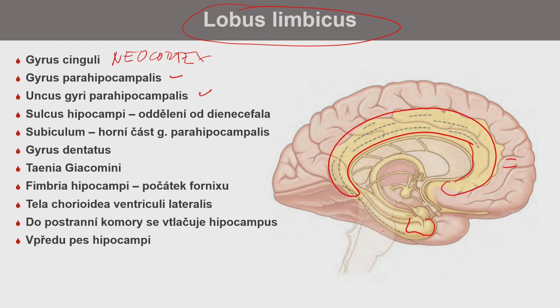And then also subiculum and entorhinal region, and also dentate gyrus and some remnants of the parahippocampal gyrus, which is called Taenia giacomini, which is lying here in this part. And those structures are part of the paleocortex.